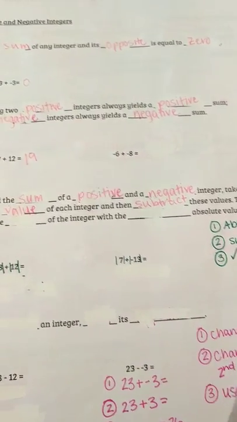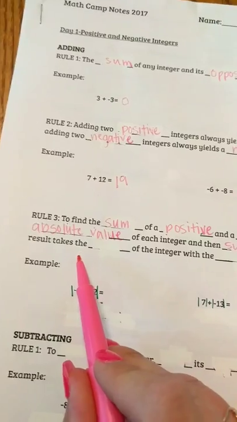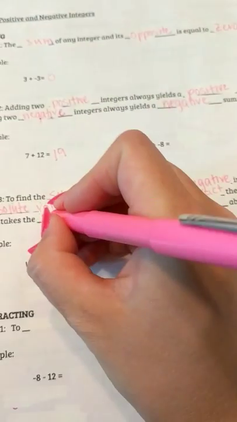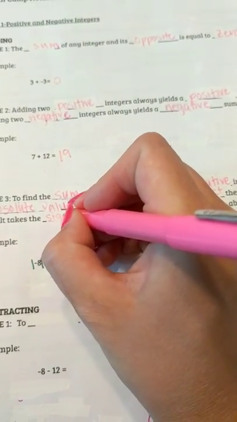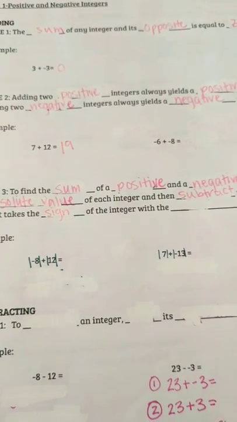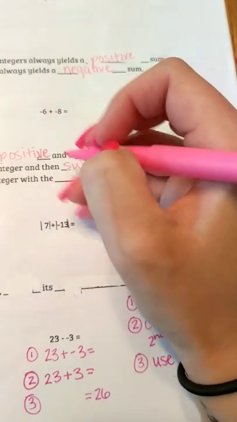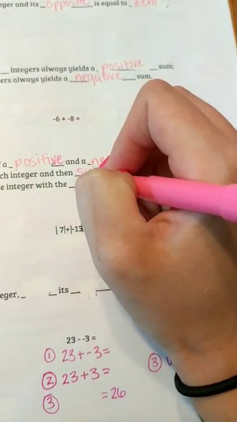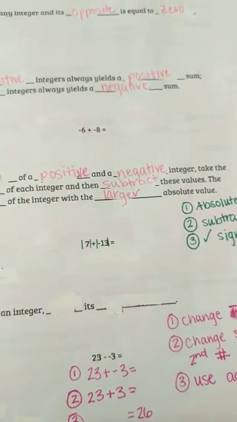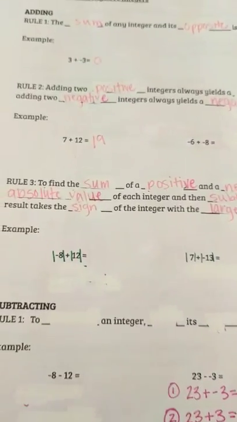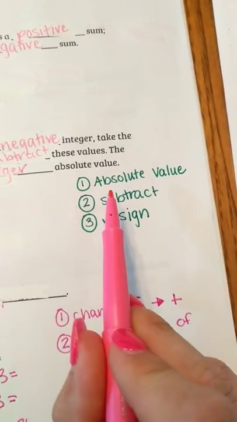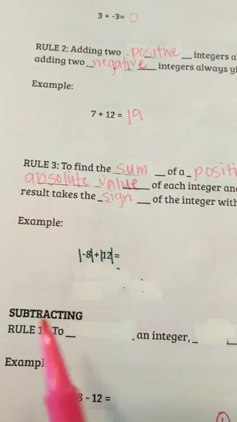And then the result takes the sign of the integer with the larger absolute value. So step 1, you're going to want to take the absolute value.